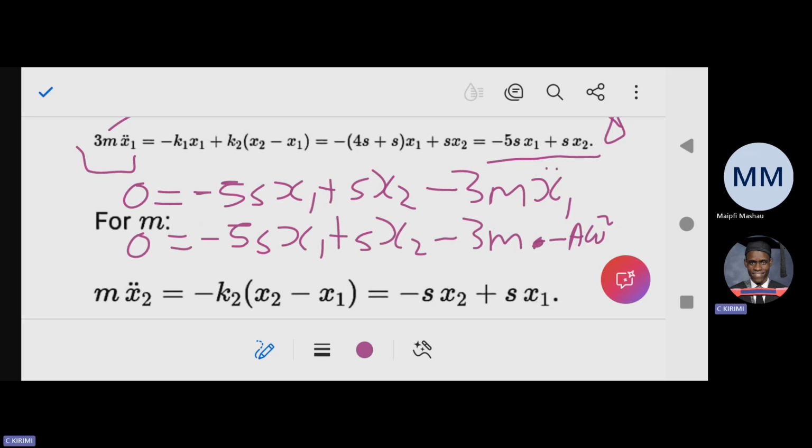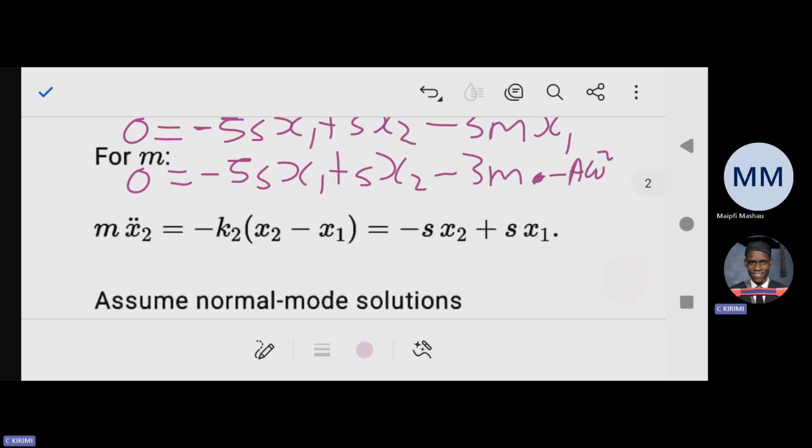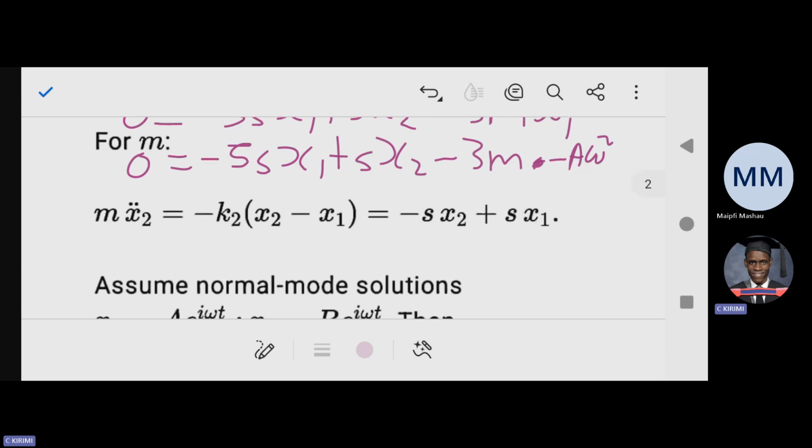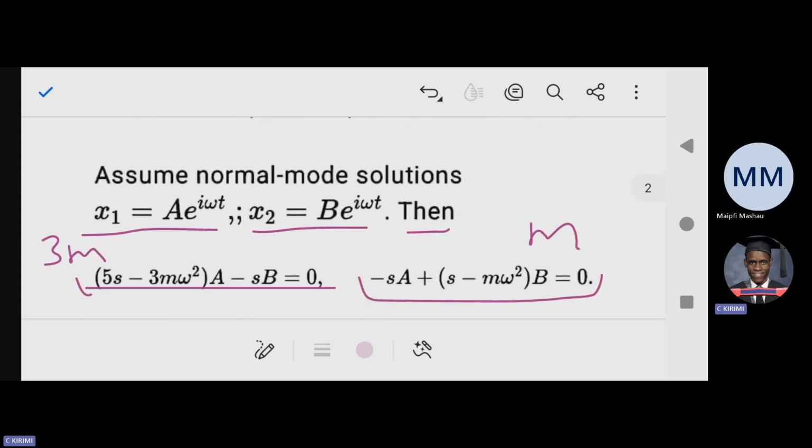On the left, on x1, there is e to the power of i omega t, and on x2, even when we differentiate, we get e. So when you divide by e on both sides, it disappears. 0 divided by e gives 0, and on the right you cancel the e. E to the power i omega t goes.